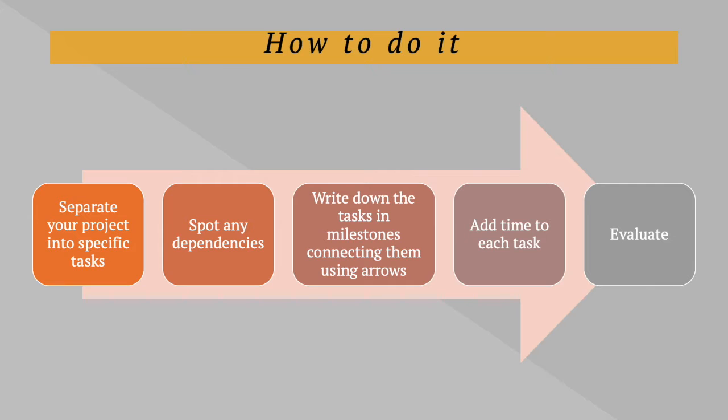In number 3, we're going to write down the tasks in milestones, connecting them using arrows. This is at your free will. Step number 3 is more free. This is going to work as you want and as your project demands, because some people write the activity within the milestone, while other people write it above the arrow.